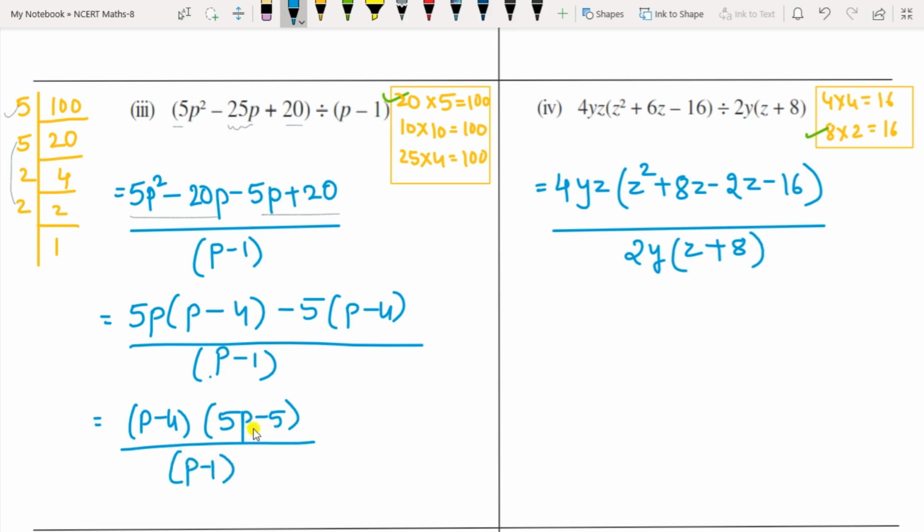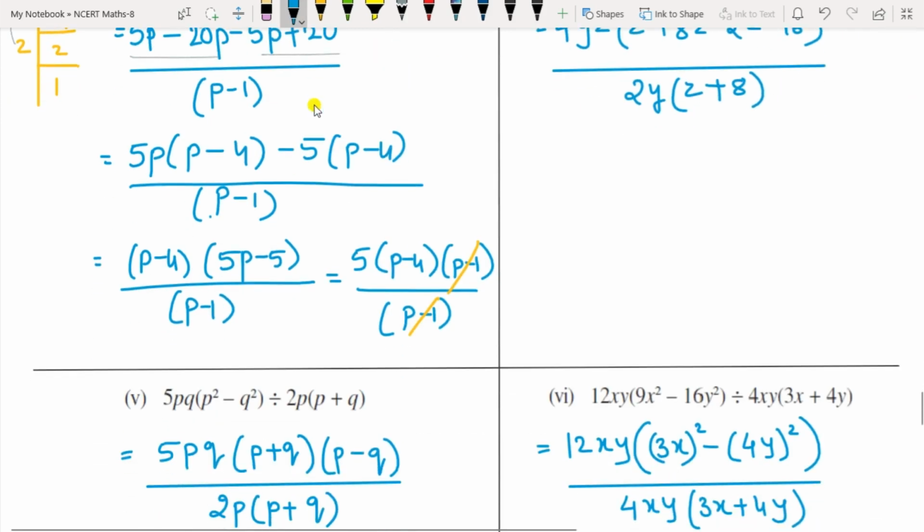Now in this one you can see 5 is the common factor. So take out 5 common, 5 P minus 4, P minus 1 upon P minus 1. Now you can cancel this P minus 1 and the remaining is the answer. That is 5 P minus 4. This is the answer.